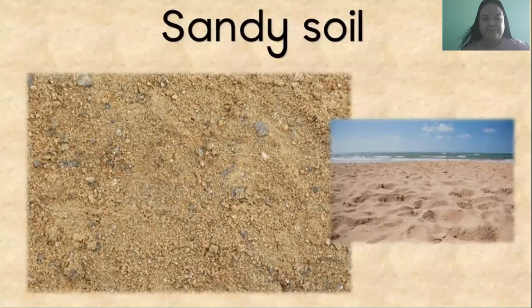If you rub some of this soil with your fingers, you will feel it is hard, dry, and sandy. It is easy for the wind to blow sandy soil away. If you pour water over sandy soil, the water runs through it quickly and carries away some of the sand. Plants don't grow well in this light-colored soil.